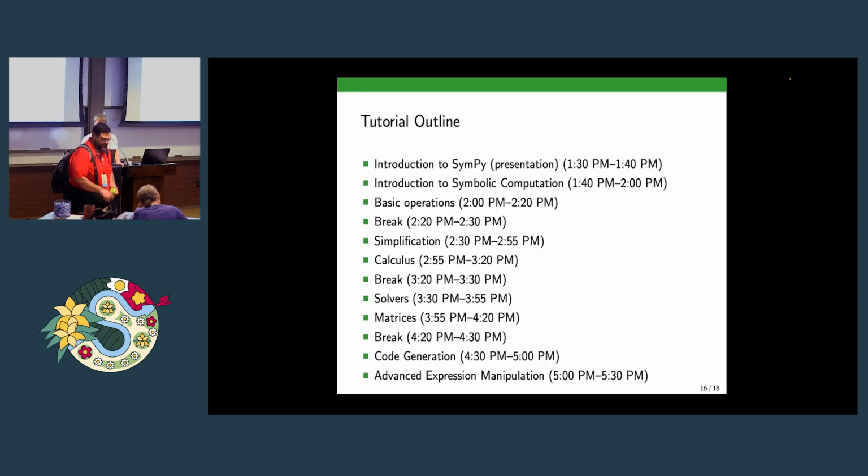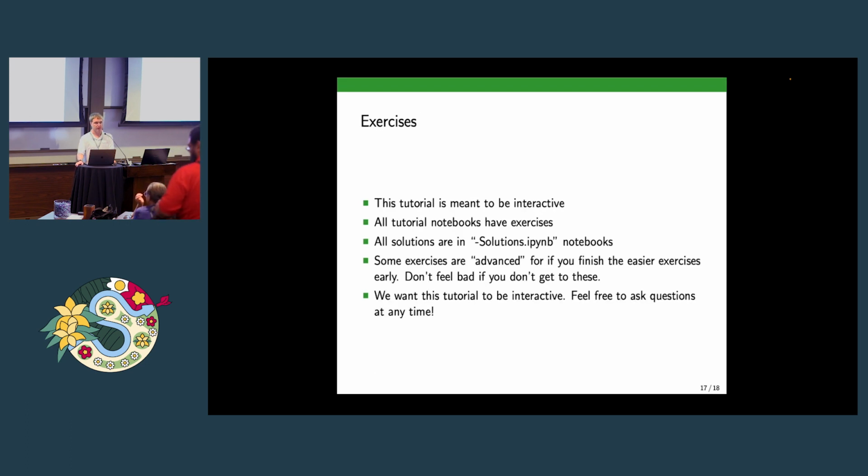Here's a quick outline for today. We're going to have a few breaks, but to start up, we've got just the intro notebook. All of our notebooks today are filled with exercises, so we want this to be an interactive tutorial. So please try to do the exercises.